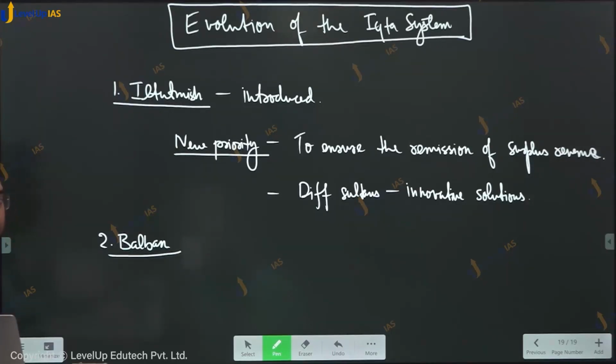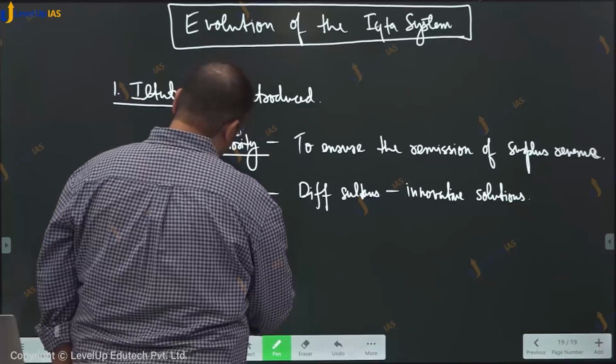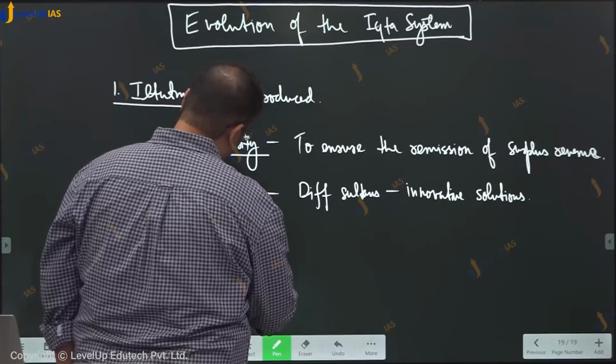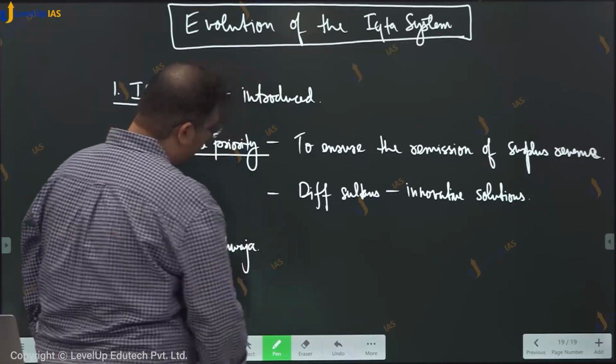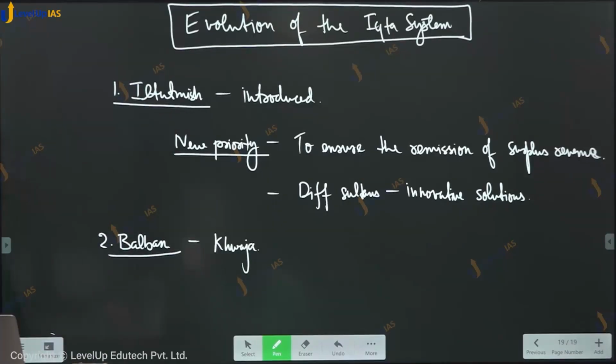To ensure there is no theft in the fawazil, he began appointing a new officer known as Khwaja to supervise the revenue accounts at the Iqta level. Write down.